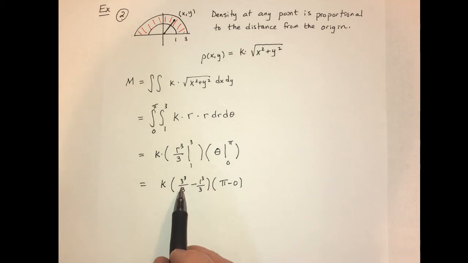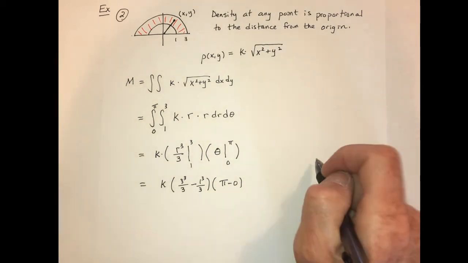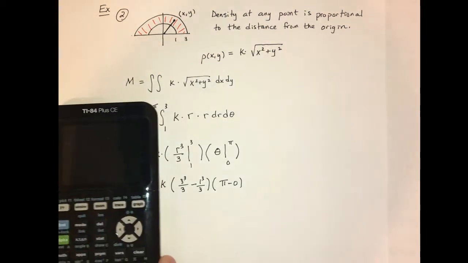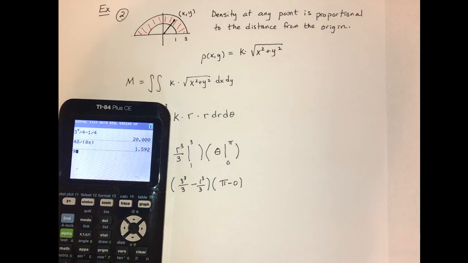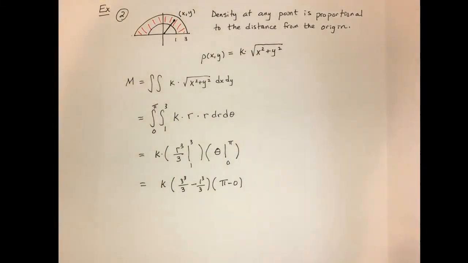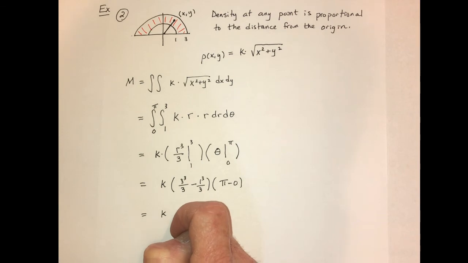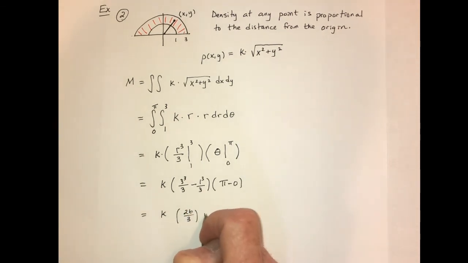So 3 cubed over 3, that's 9. It's 9 minus a third. 9 minus a third is 8 2/3, or 26 thirds. So that would be 26 thirds times pi.